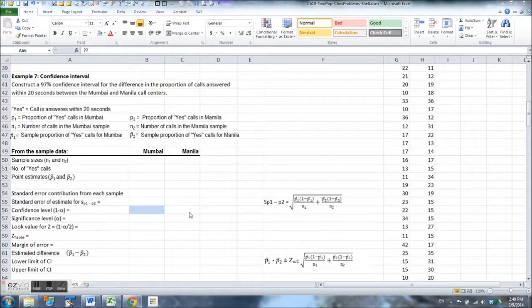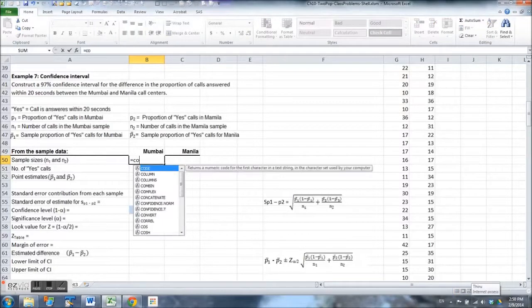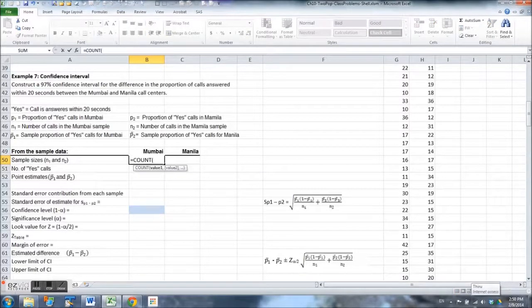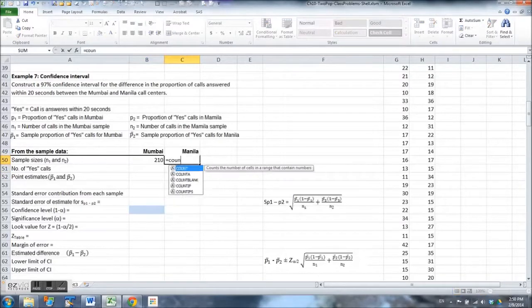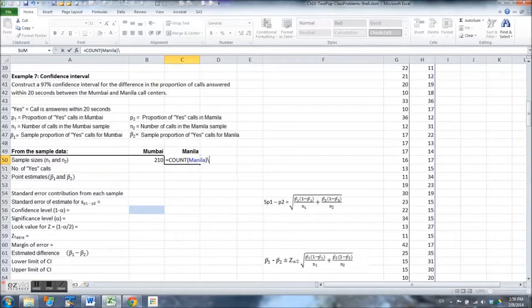So first let us set up the sample summaries. We want the sample sizes, the number of S calls, and then the sample proportions P bar sub 1 and P bar sub 2. So we have count Mumbai, and the columns are already named. And then we have count Manila, and those are the two sample sizes.